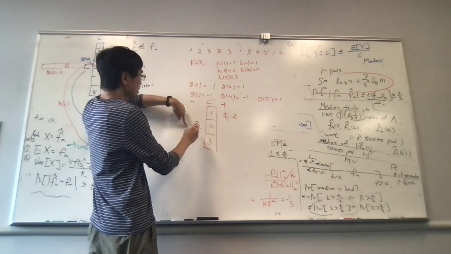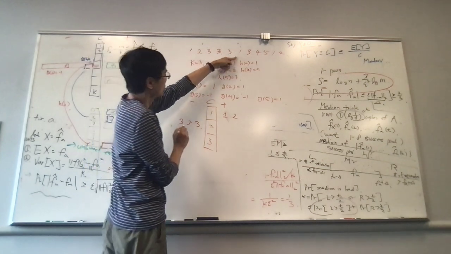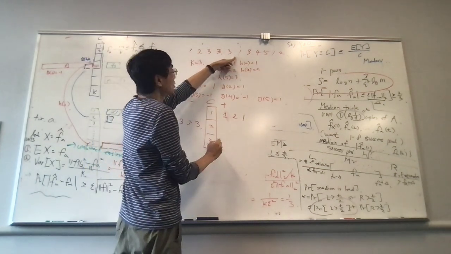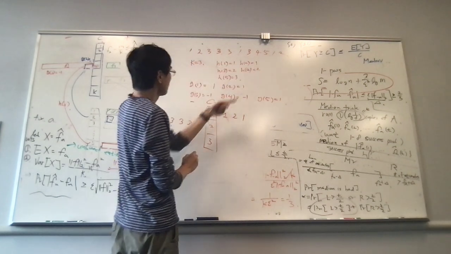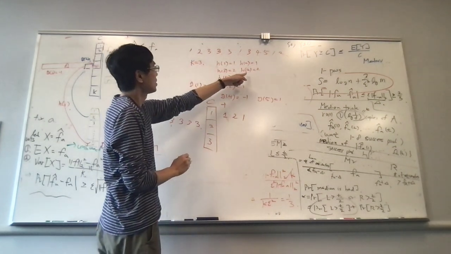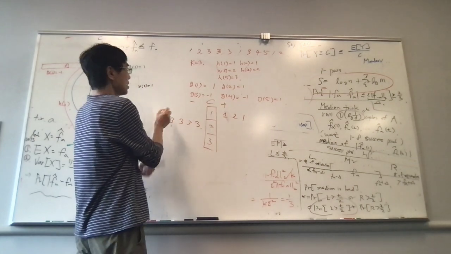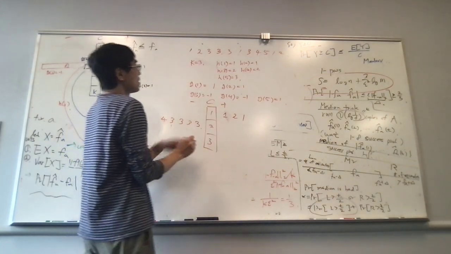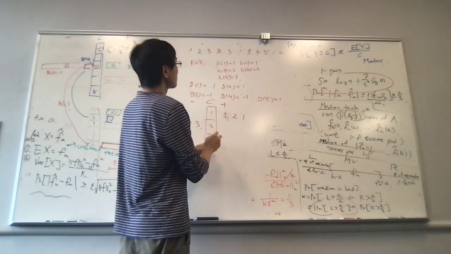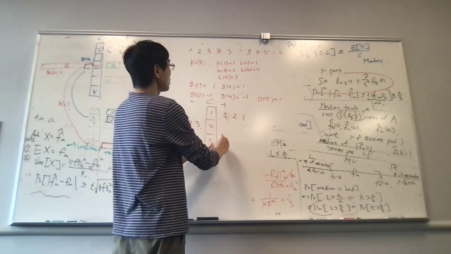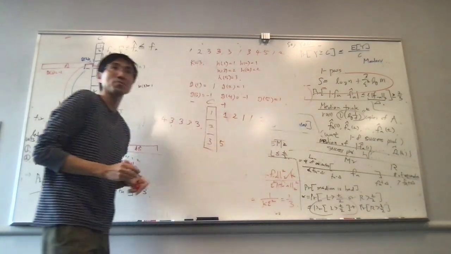I see 3 again, here. 1 goes here, 3 goes here. 4 goes to the second slot, but it's negative, so here. And 5 goes to the third slot, with the sign here. 1 goes here and 2 goes here. This is what's happening.